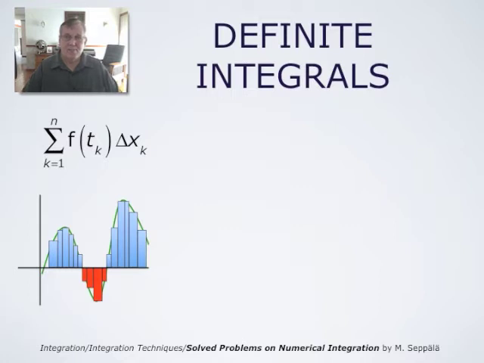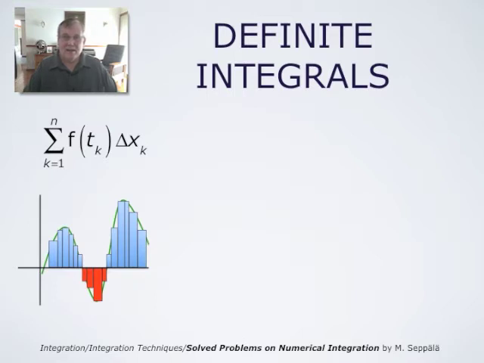A Riemann sum for a function f is formed so that the interval in question from a to b is divided into subintervals. And over each subinterval one places a rectangle that best approximates the domain between the graph of the function f and the x-axis.